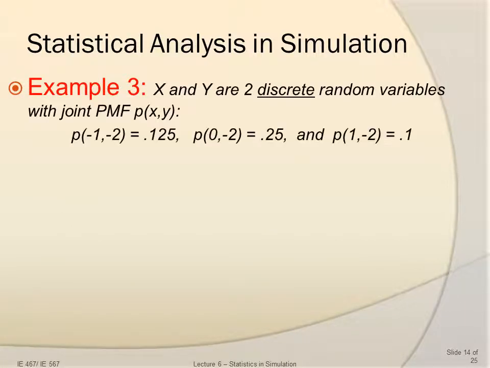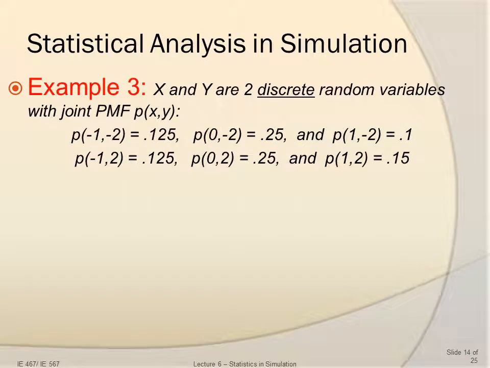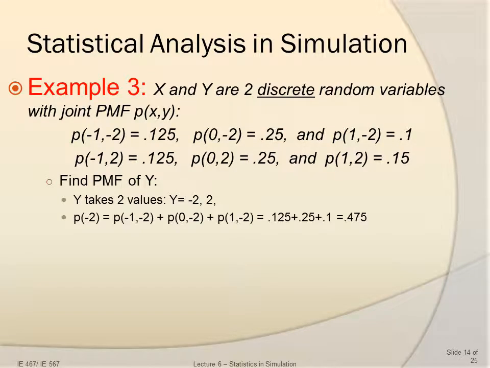Now let's continue and look at this example again and find the PMF of y. It's very similar. The only thing is that y does not take 3 values. There are only 2 values that y takes, and that's -2 and 2. We need to find the probability for -2 and the probability for 2.